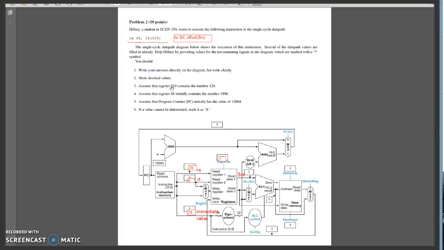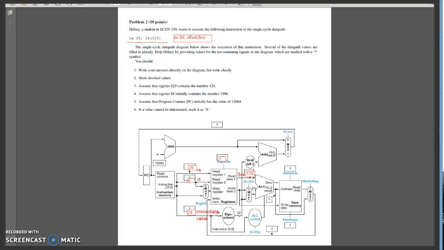From our given instructions, we know register 29 contains the number 128. Because of the dollar sign, we know it's the value stored in register RS. So we will mark it as 128.